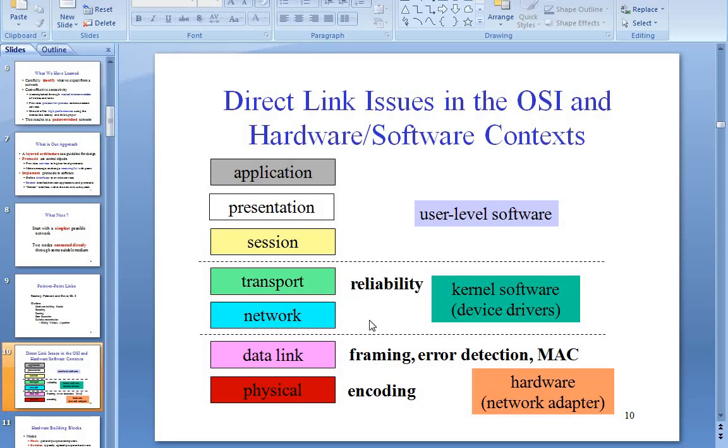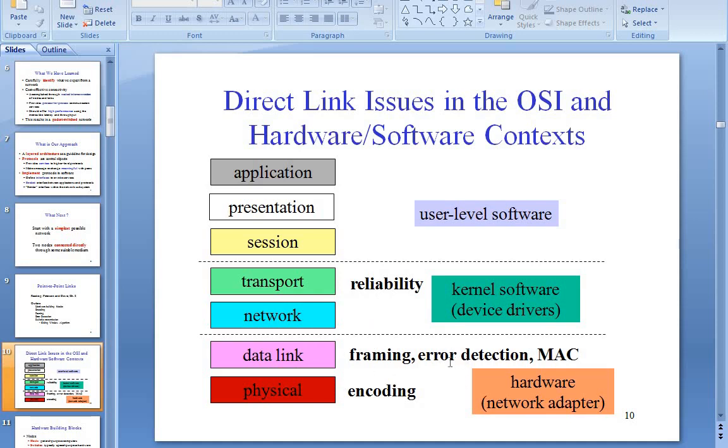However, the reliability issue can be handled at the data link layer or at the transport layer. If you have to choose one, then you may choose the transport layer for reliability. However, these issues may be handled on some other layers as well.